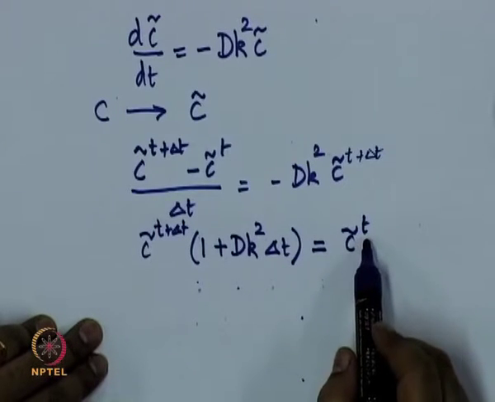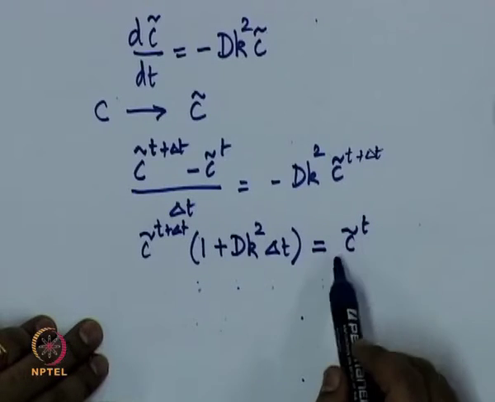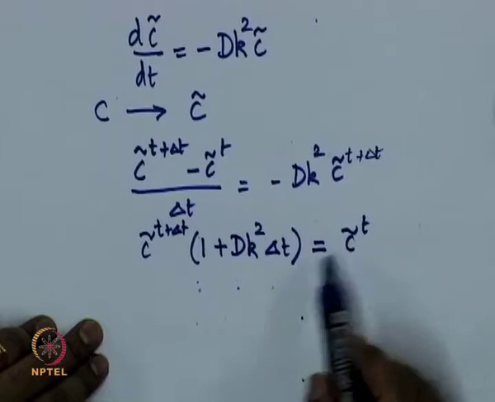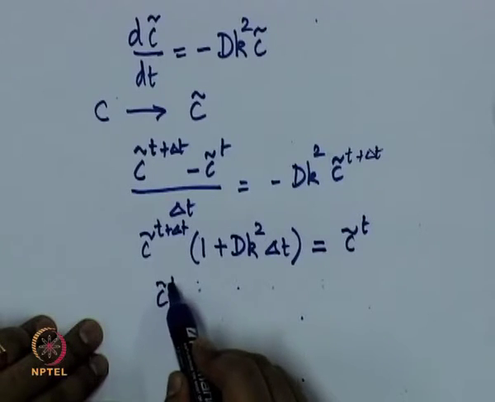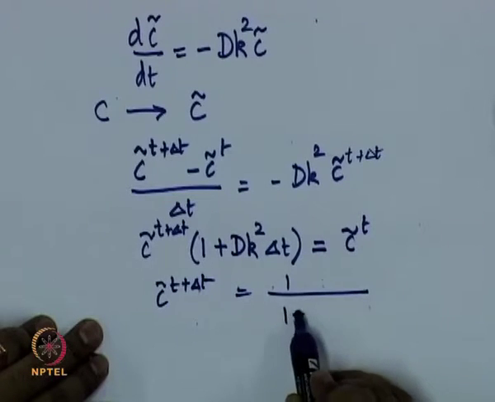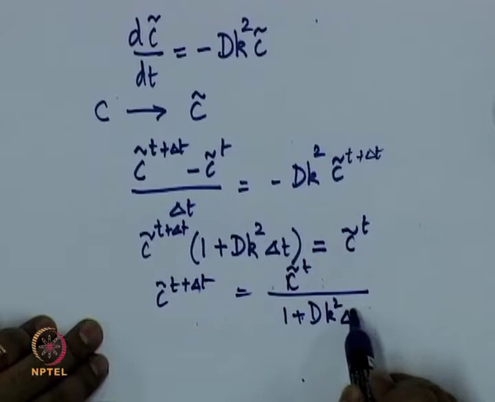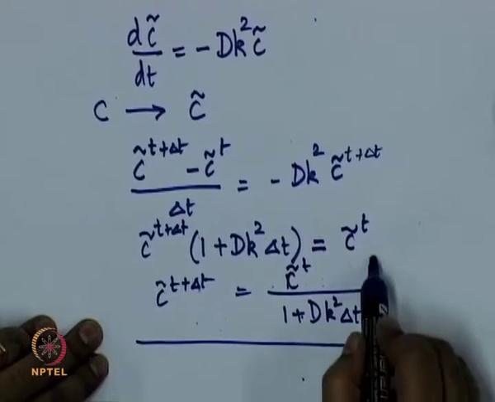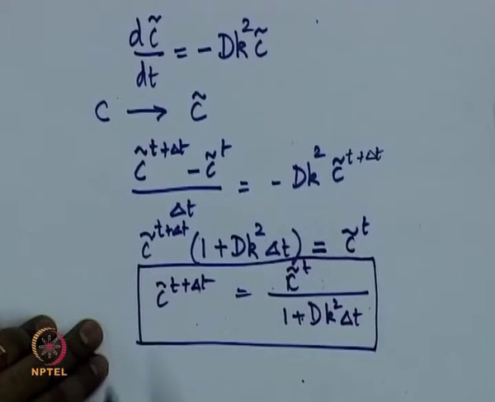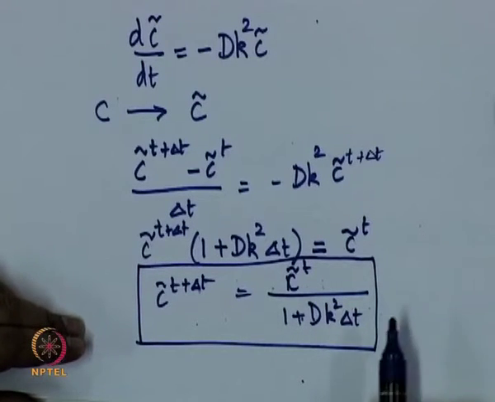So, if you know the initial configuration for composition at time t equal to 0, if you know what C tilde is, C tilde at time t plus delta t is obtained just by dividing by 1 plus D k squared delta t. So, it is a very simple implementation which will solve the diffusion equation.